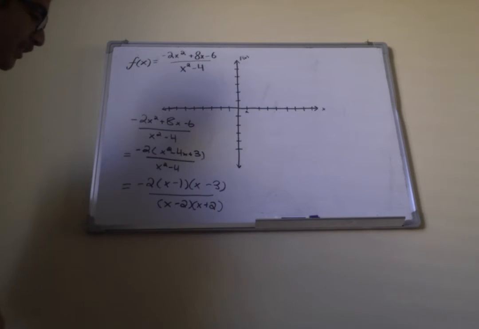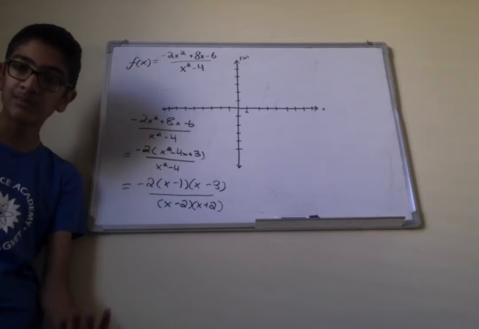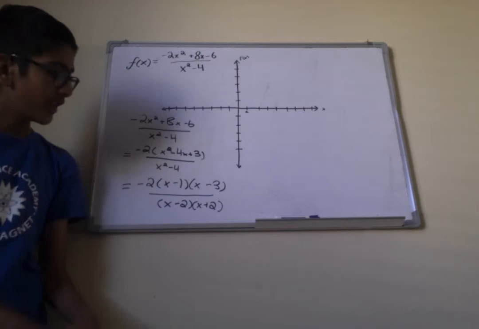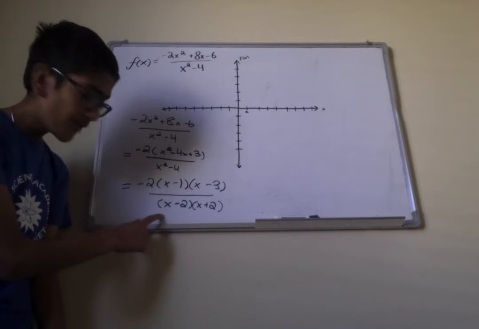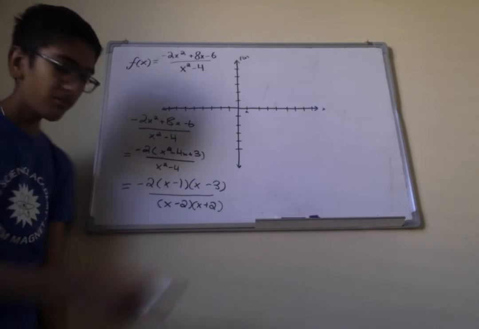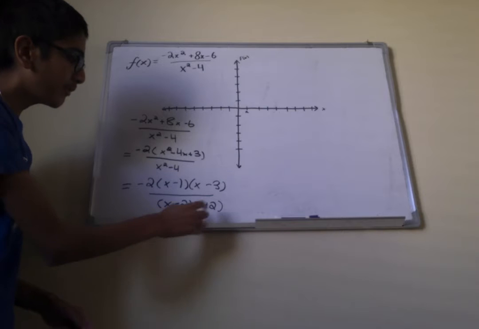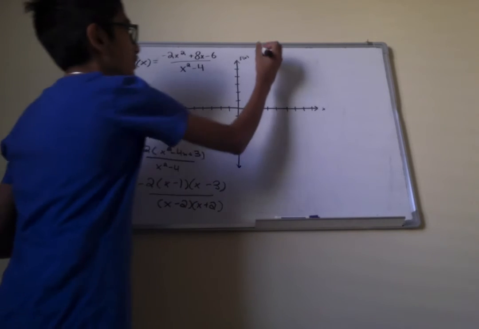So, we got this factored equation. What do we do with it? Well, we were trying to find vertical asymptotes, right? We need to know when it divides by 0. So that means the denominator has to equal 0. So when does this equal 0? It's like a classic solving a quadratic. It's going to be plus 2 and minus 2. So we got some vertical asymptotes. Let's draw them.